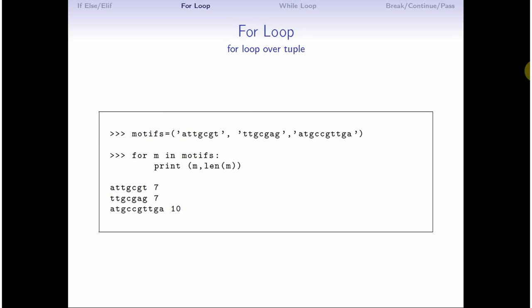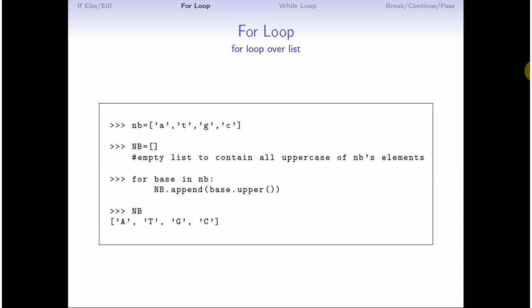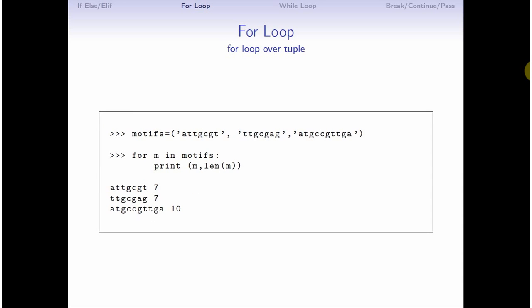Just now it was a for loop over a list, but you can loop over a tuple as well. If this one is a motif, what is a motif? You can Google and search what a motif is, but I will introduce this more when the tutorial comes. These are the three strings that we have.